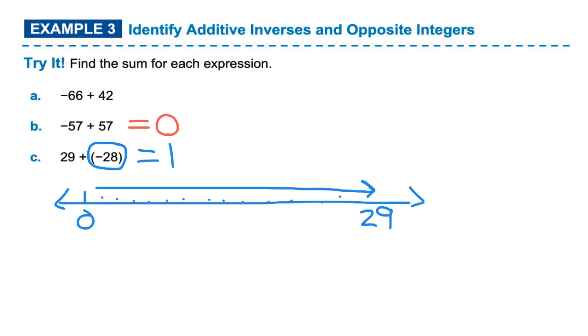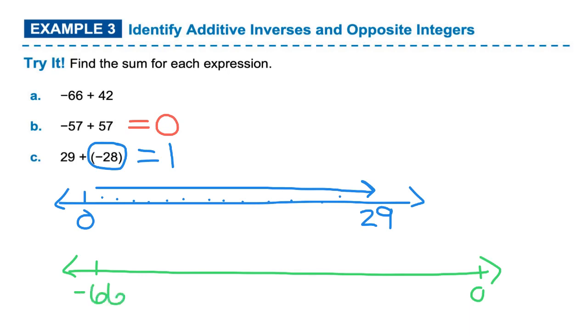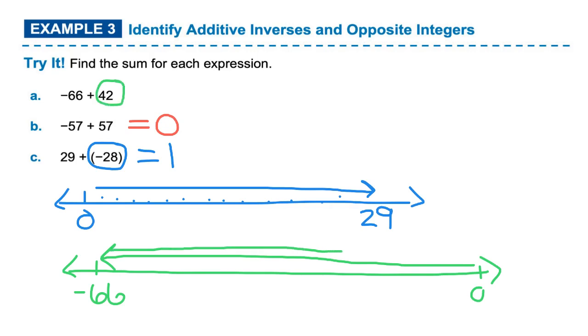All right, now let's think about A for a minute. Here's my number line. I'm not drawing out all of those because I'm going to just think about it here for a second. I know 0 is going to be here, and I know -66 is somewhere here. If I go all the way back to 66, and then I turn around and I go forward 42 of them, I'm going to say it's about right there, 42 of them.